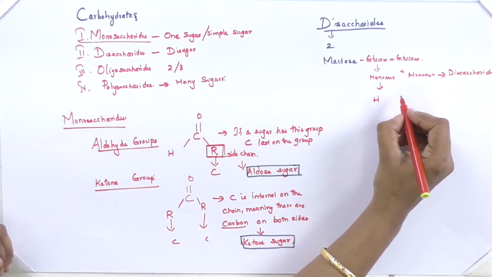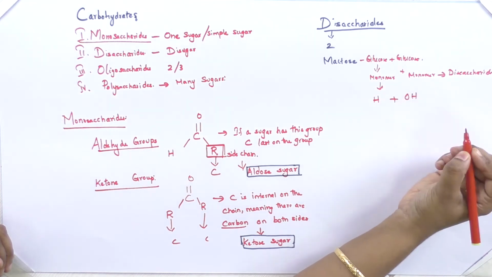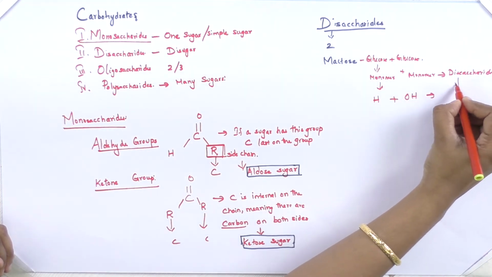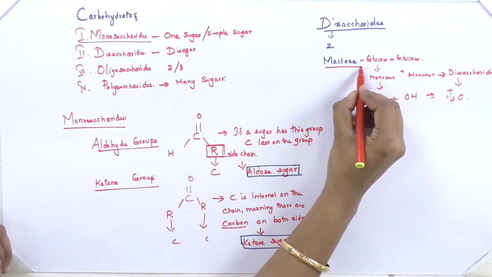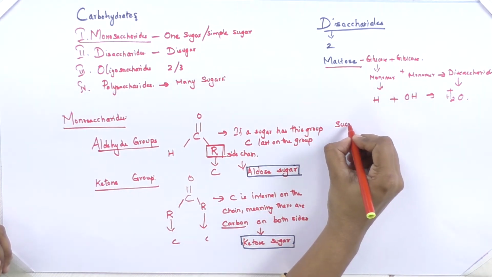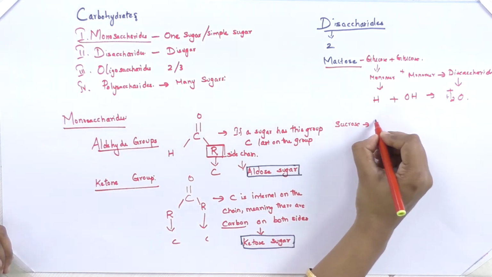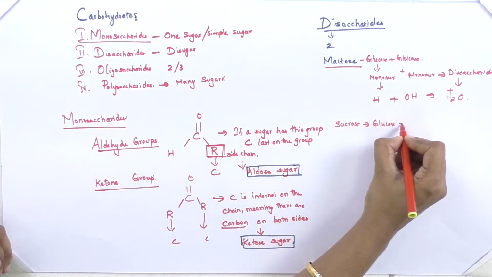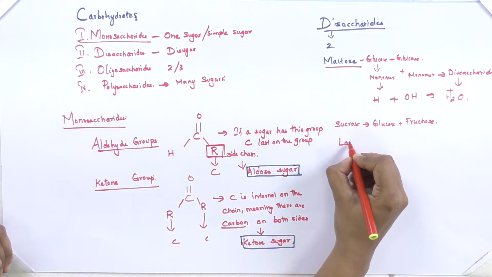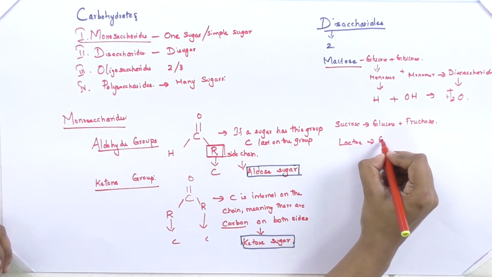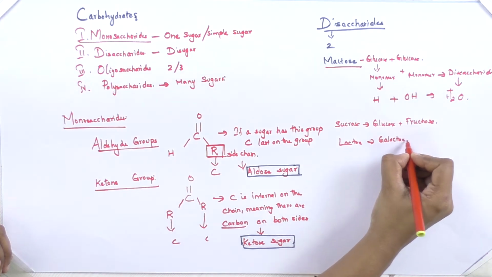Hydrogen from one monomer and hydroxyl from the other join together, and the byproduct is water. This is an example of maltose. Next comes sucrose, which is glucose plus fructose. Next is lactose, which is galactose plus glucose.